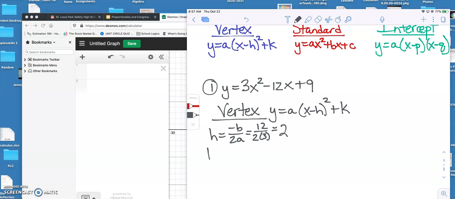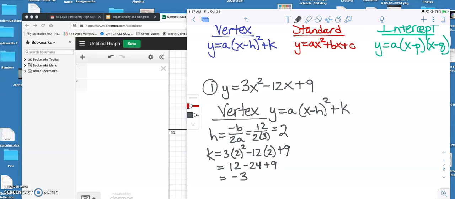To get our k value, we plug it in. So k equals 3 times 2 squared, minus 12 times 2, plus 9. 2 squared is 4, so we have 12 minus 24 plus 9. Negative 12 plus 9 is negative 3.